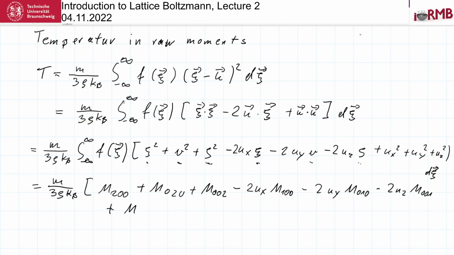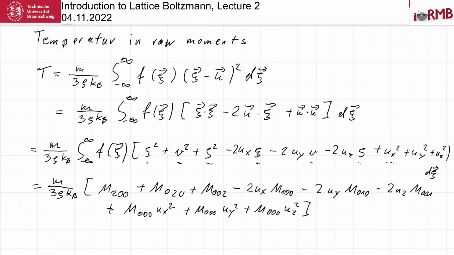Plus, so what are these guys? The integral is now over 1, and 1 gives us the zero order moment. So it's M000 ux squared plus M000 uy squared plus M000 uz squared. And that's it.